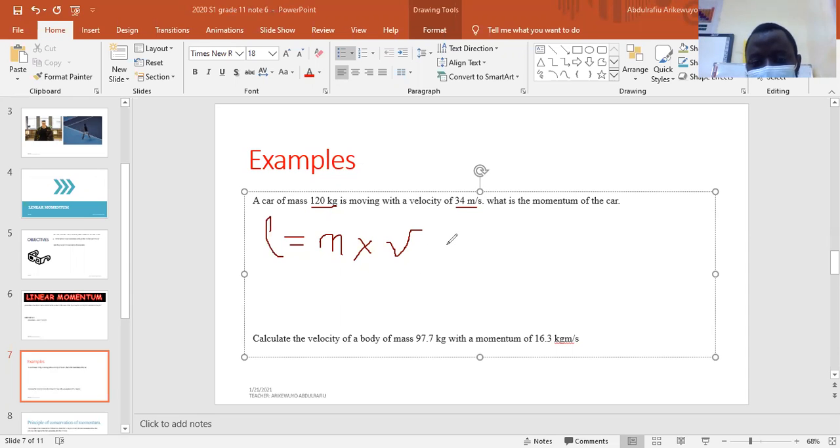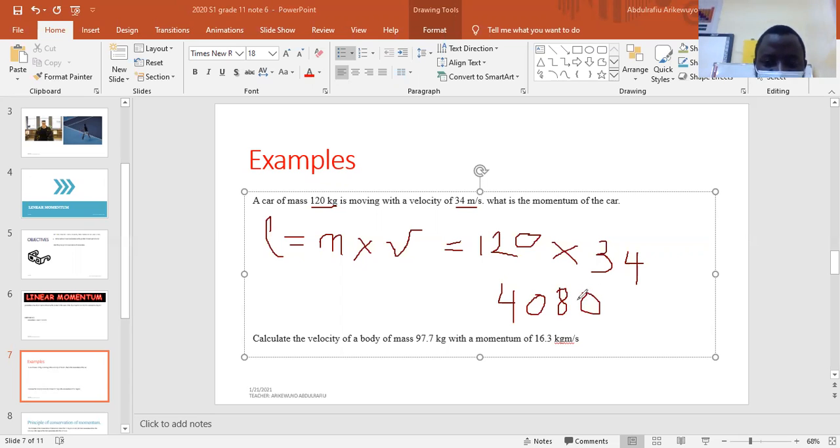So momentum is going to be mass, which is 120, multiplied by the velocity, which is 34, right? Beautiful. And what is that? 120 times 34, please. That gives us 4,080.